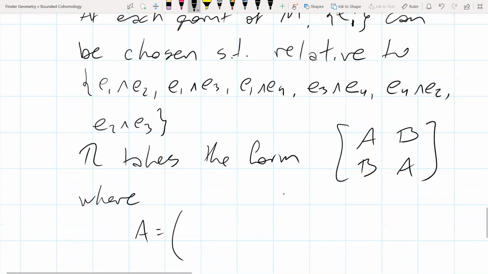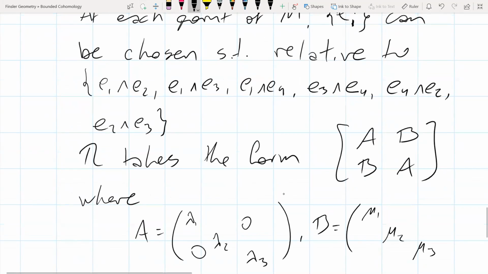So A is going to be written as lambda 1, lambda 2, lambda 3, and B as mu 1, mu 2, mu 3.